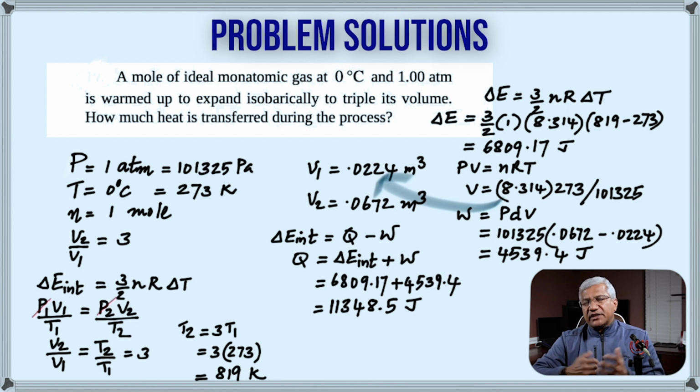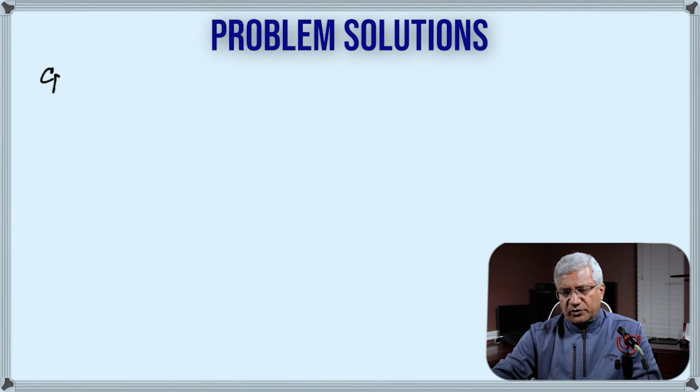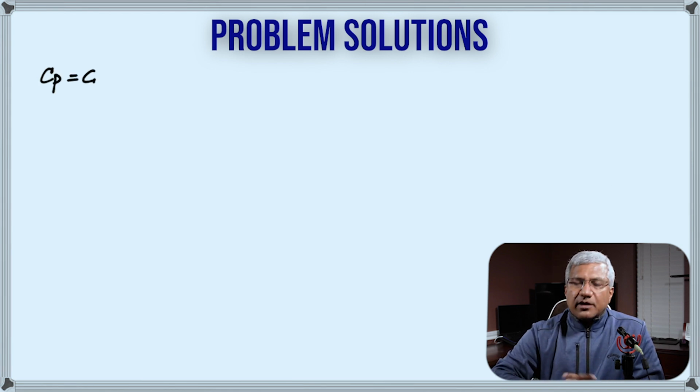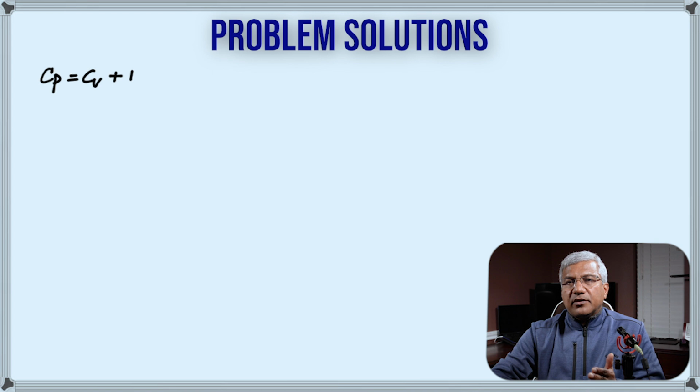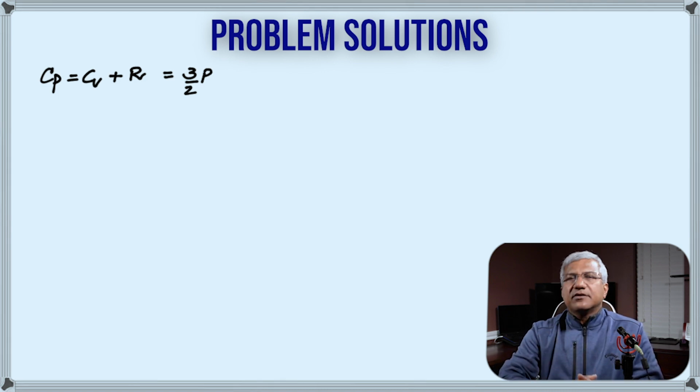Now we can do this in another way. Here is a second method of doing it. The specific heat at constant pressure is the specific heat at constant volume plus the universal gas constant.